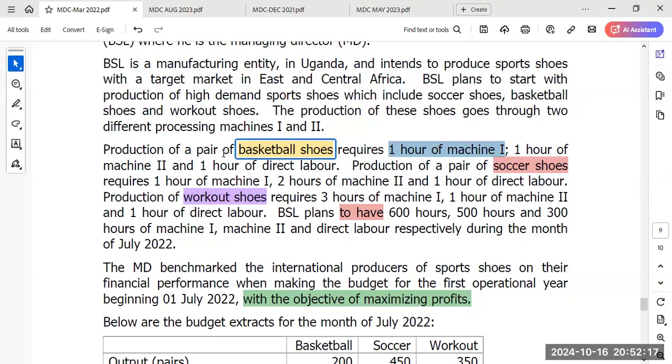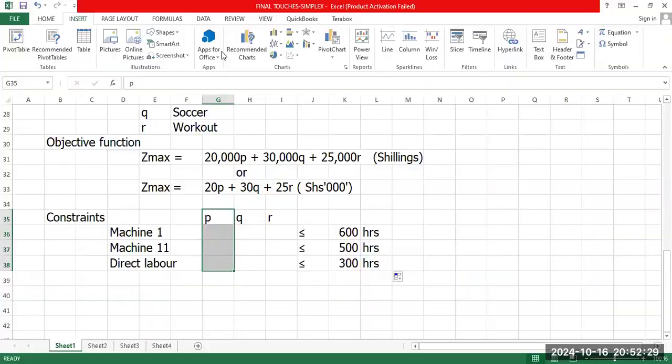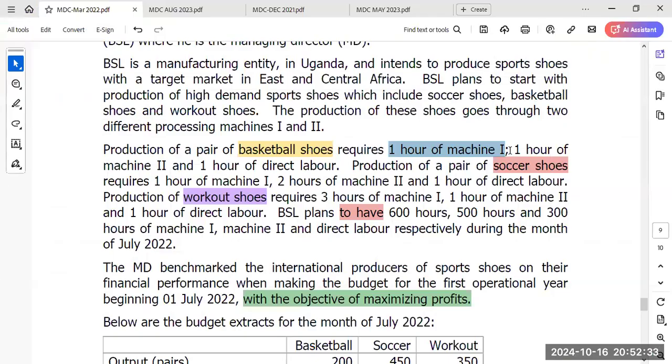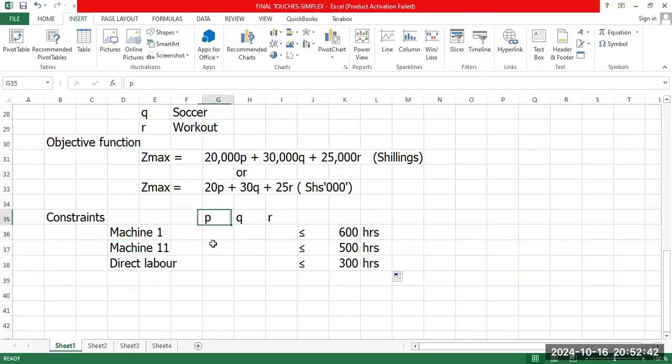Yes. Now, basketball shoes is represented by what? By P. This is the column for P. And they are telling us that basketball shoes require 1 hour of machine 1. So where there is machine 1, I put 1. Machine 1 is here. And this is basketball shoes. So I put here 1.